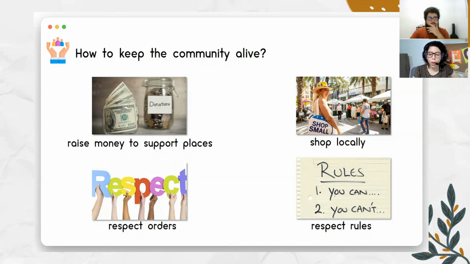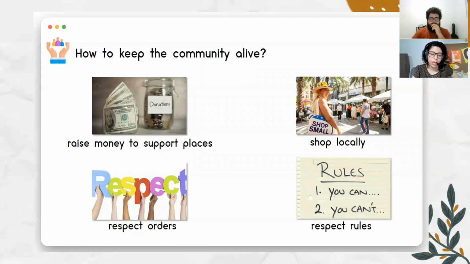So, for example, shop locally. Okay, what do you see when you go downtown? Can you see people buying and shopping and some things? So what do you see there?